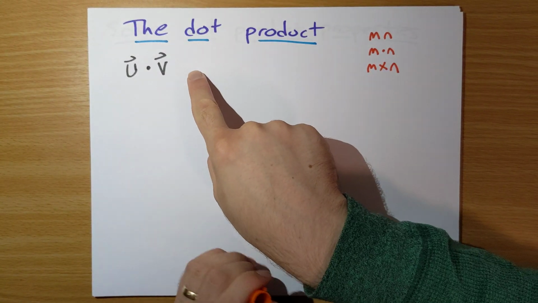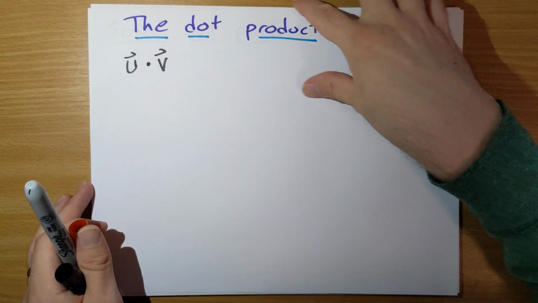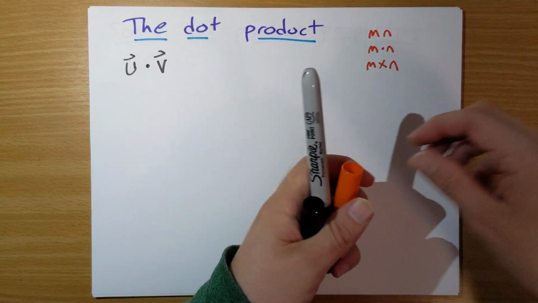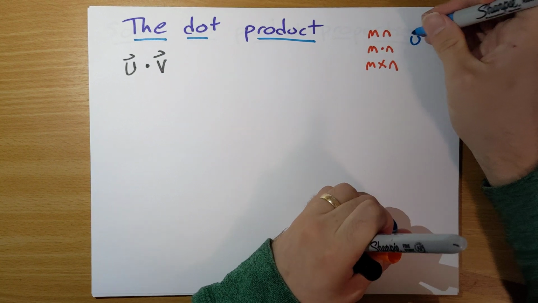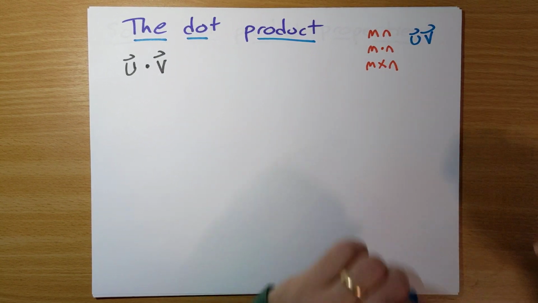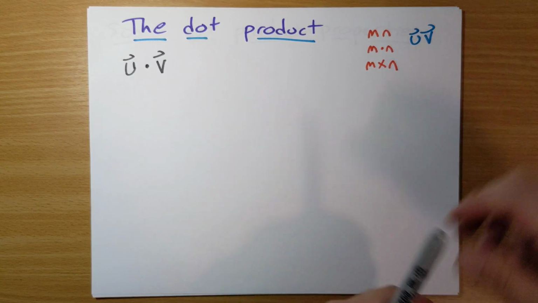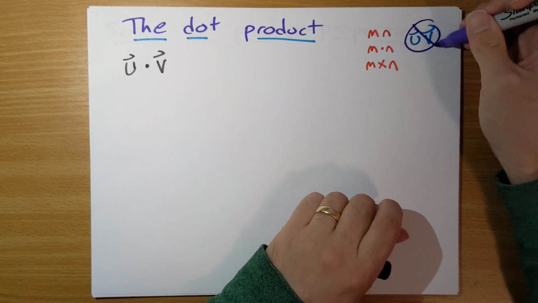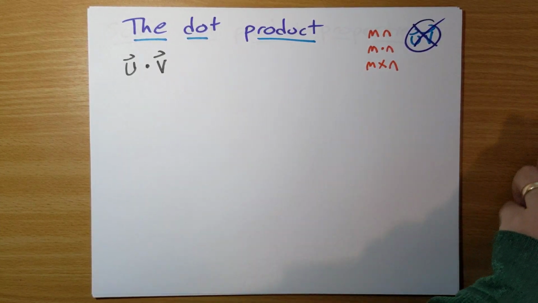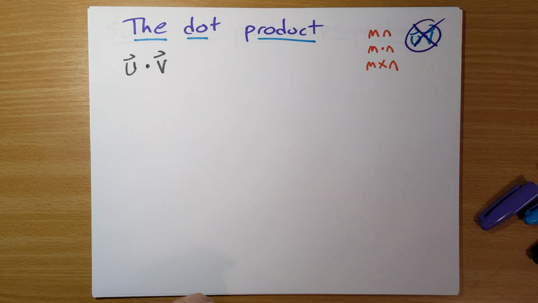When we're doing dot products, it's very important that you put the dot. If you just write u, v next to each other to mean the dot product, that's not good notation. Please don't do that.